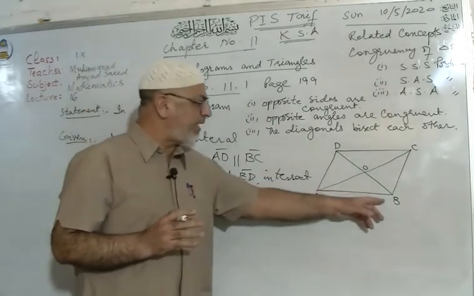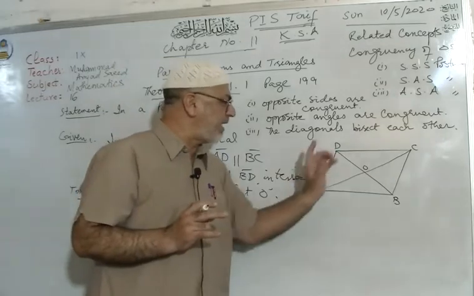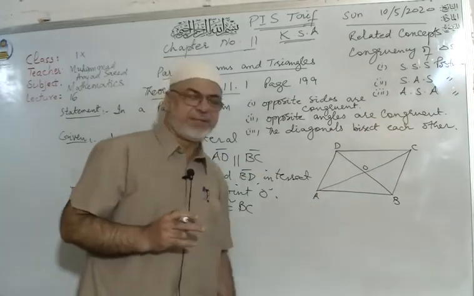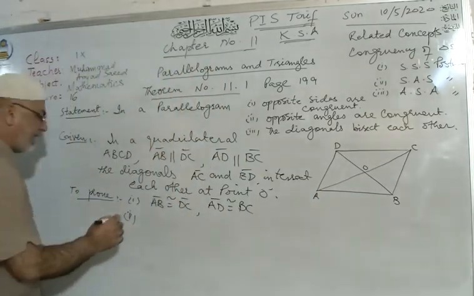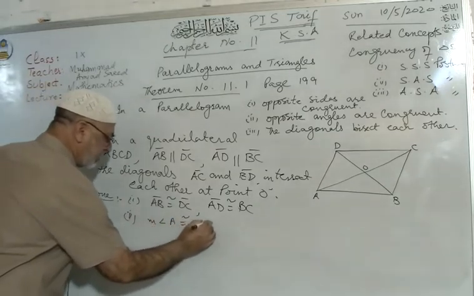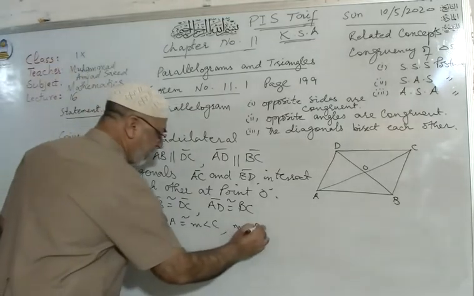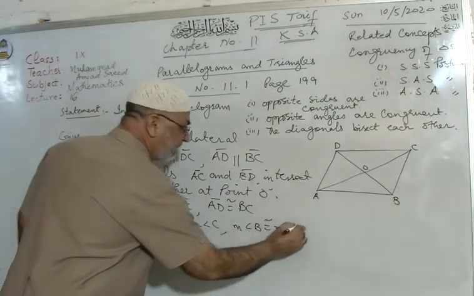Similarly, angle B and D is the same as angle ABC and angle ADC. So here we can say measure of angle A is congruent to measure of angle C, and measure of angle B is congruent to measure of angle D.